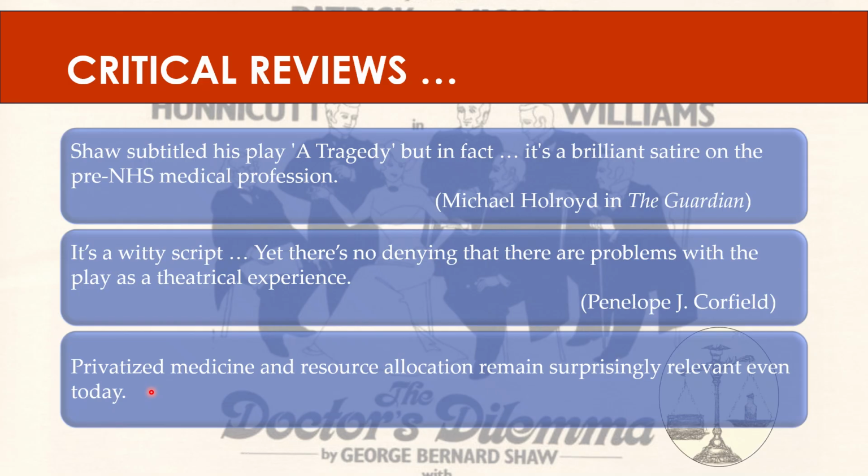And there one had to think not just of beds, but how do you allocate the medicines? How do you choose? The dilemma existed even there, and not just in government hospitals, but even in private hospitals. So those are the 3 points I thought I must highlight here in the critical review. One is a plus, one is a not so plus, an area of improvement, and the third is something which is relevant for today as well.